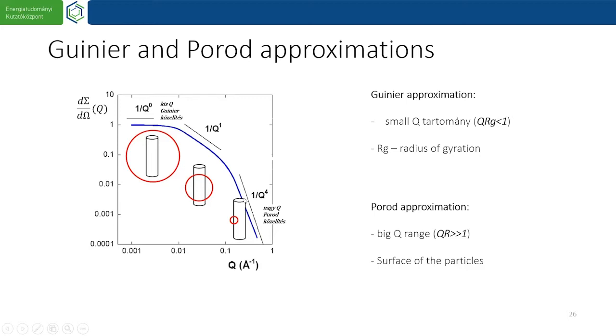This is usually valid for the high Q range only. In case this power is not 4 but say 3.5, or 3.7, or 4.2, then we can conclude something about the characteristics of the surface. The surface can be rough, or smooth, or fractal-like. In many cases, these things appear in real experiments.